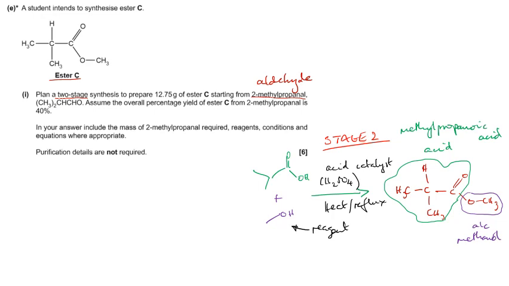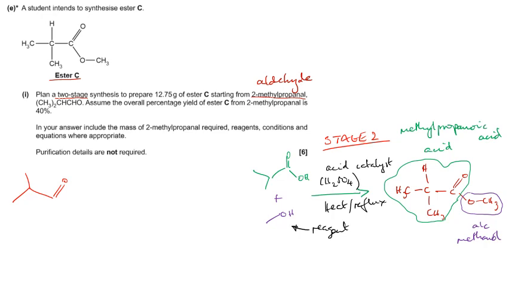We start with the aldehyde, 2-methylpropanal: there's the 2-methyl bit, and there's our propanal. That's what we've got to start with, and we want to make it into an acid.